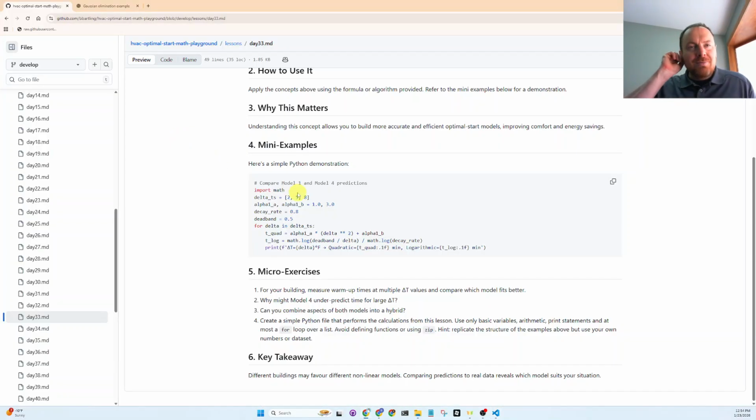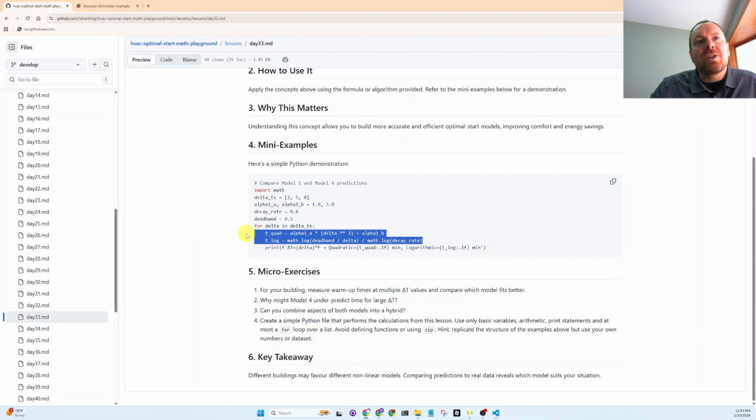So maybe someday we can look at a real building and then see how these are getting tuned over time. And then with Model 4, the decay rate would get tuned over time. So that's why these optimal start algorithms are considered adaptive, because we're constantly tuning our variables. Yeah, sorry about that. I don't have a good one for your building.